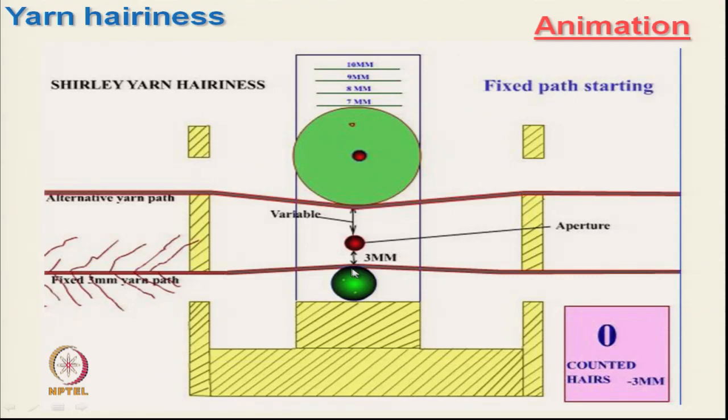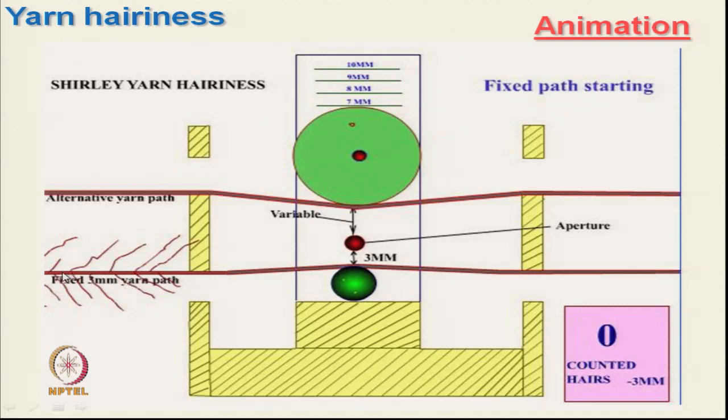That 3 millimeter distance may vary depending on the diameter of the yarn, so initially it has to be set, calibrated, based on the diameter of the yarn. For coarser count yarn we have to move this guide a little further away, so that the distance between the top surface of the yarn and this aperture remains 3 millimeter.